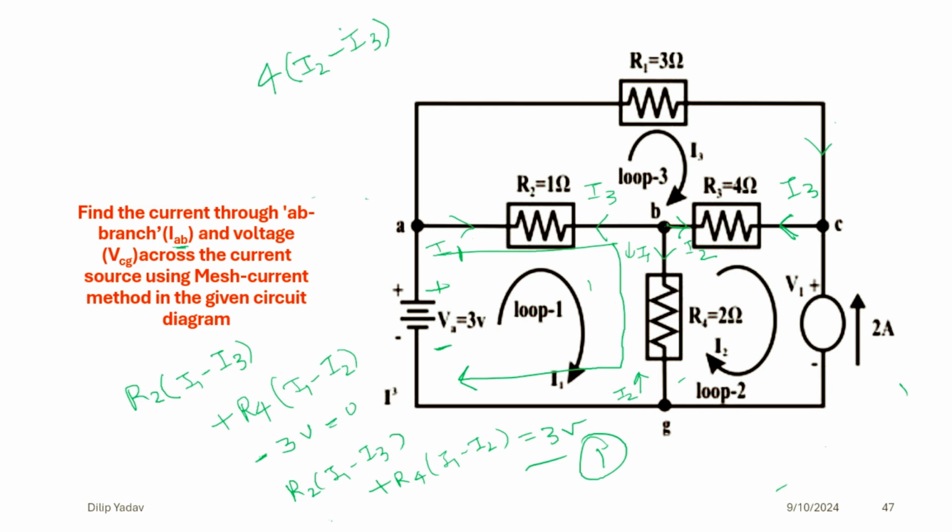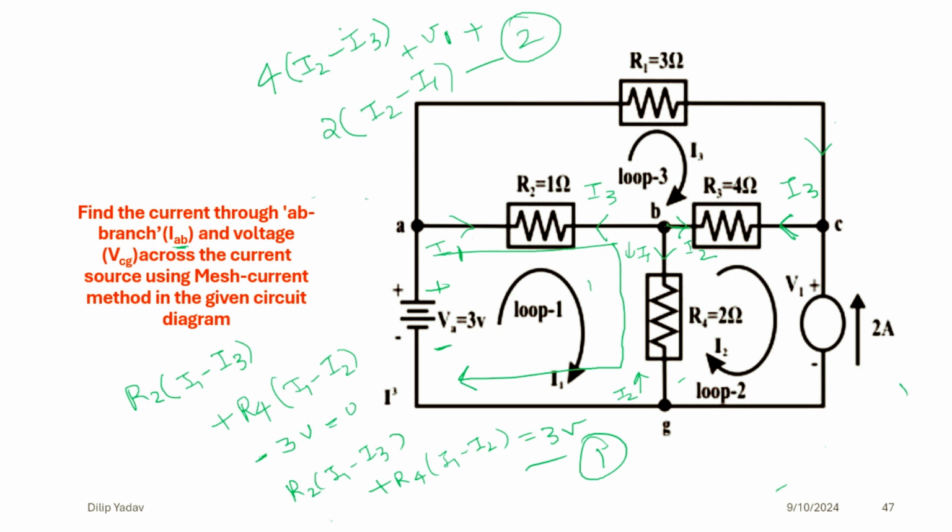Then again we have V1, that was the voltage that we said, it will be V1. Then it is going at this point, and entering into R4, that is R4 was 2, times the current that was coming, that is 2 (I2 minus I1). This is the second equation for the second loop.